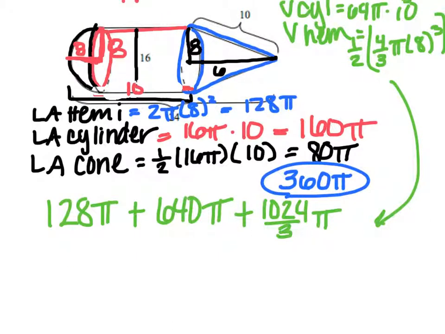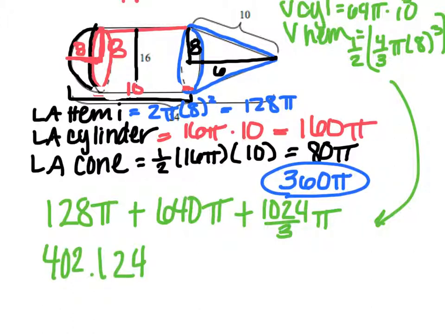Because our calculator won't add these three numbers together because they're too large, they won't give us a fraction, let's just go ahead and turn it into decimals. So 128 times pi is going to be 402.124.